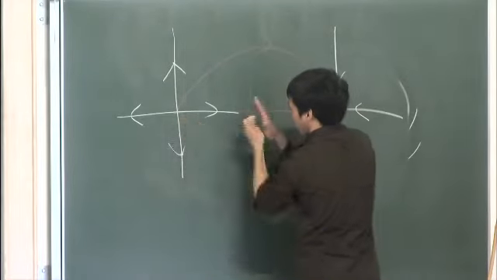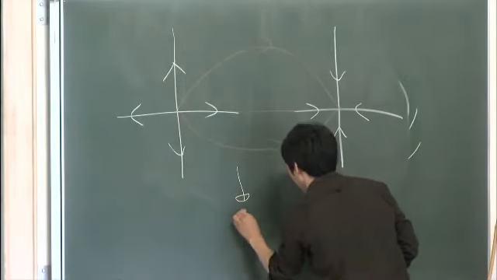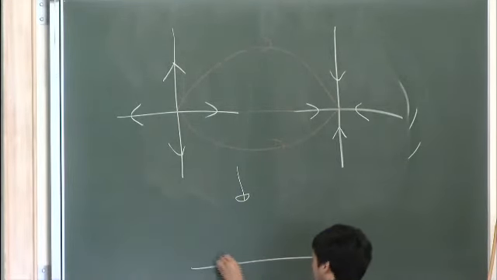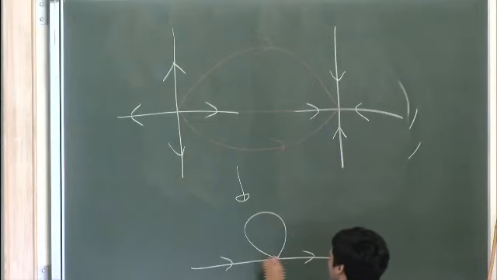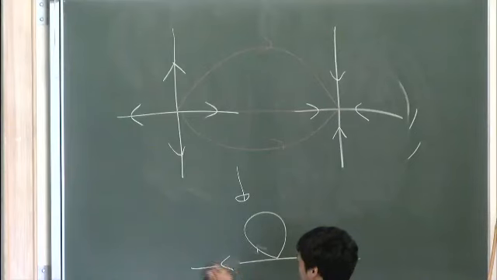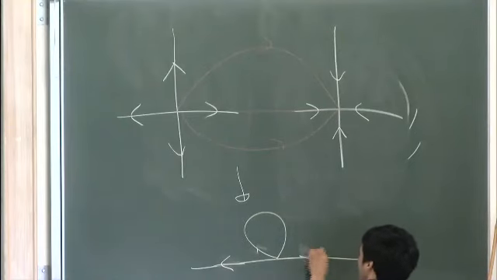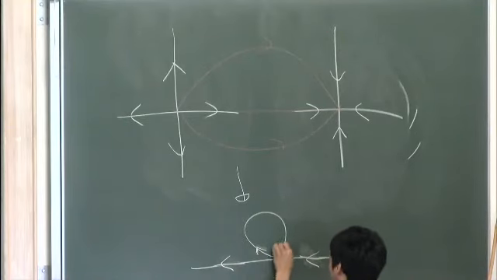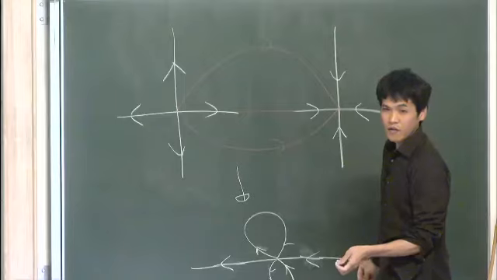So we collapse, and it becomes like this. These are doublets, or what do they call it?